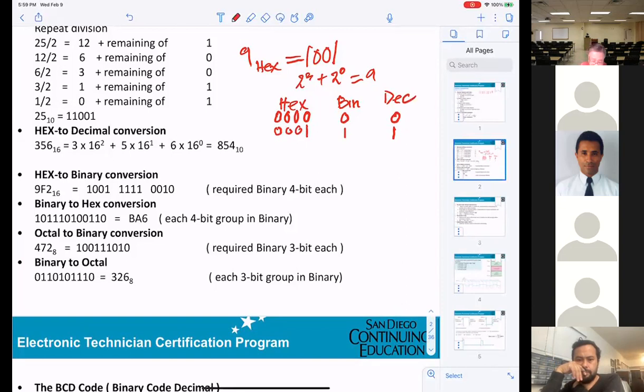Now I can give you another one, number 2. Number 2 in the binary is 10, 2 bits. And the hex will be 0010. Hexadecimal has to be 4 bits.